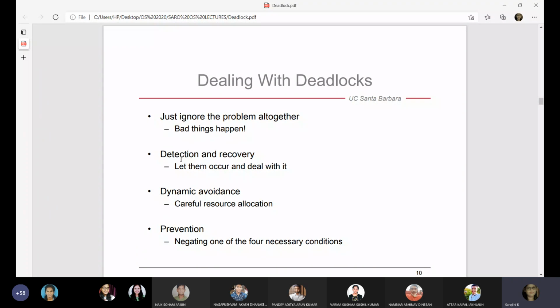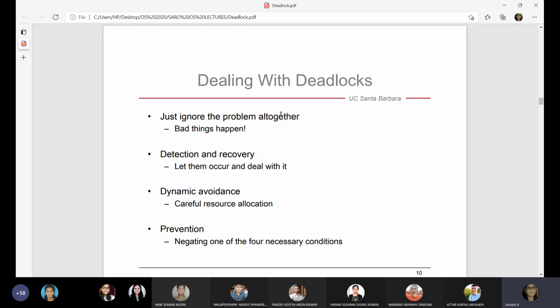Second is detection and recovery. That means we did not prevent. The system does not have any prevention method to completely avoid the deadlock. Let it come, but after it comes, we will apply one of the recovery methods. This is another way the system can deal with the deadlock.